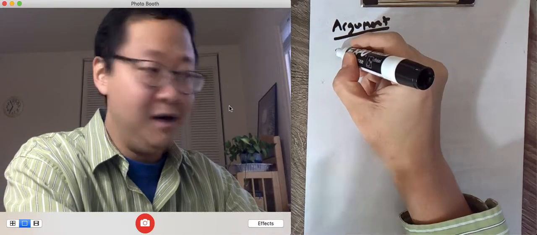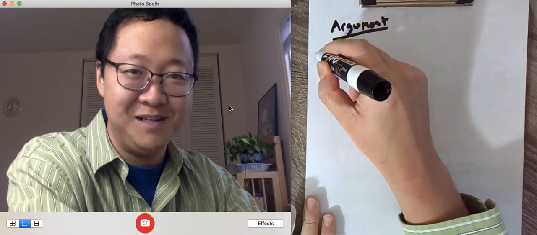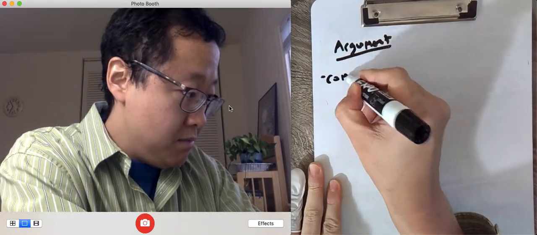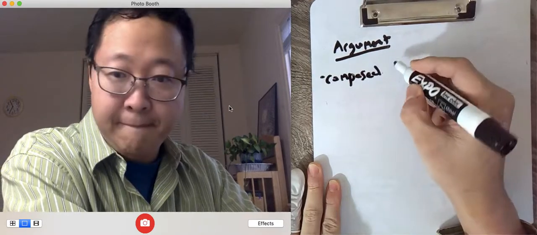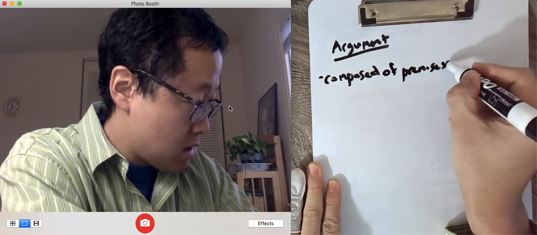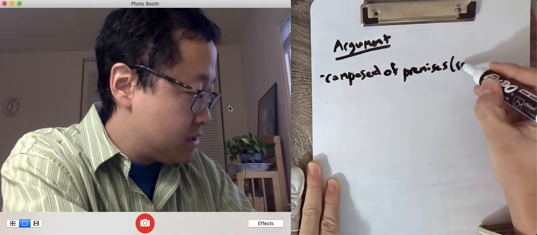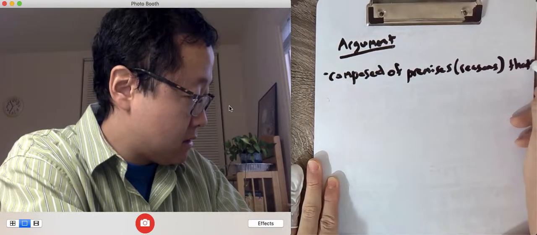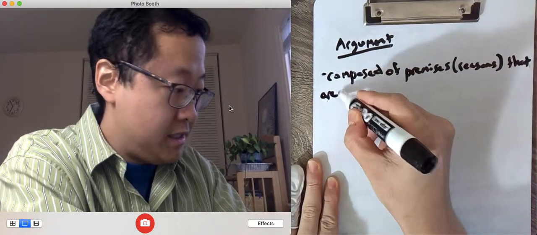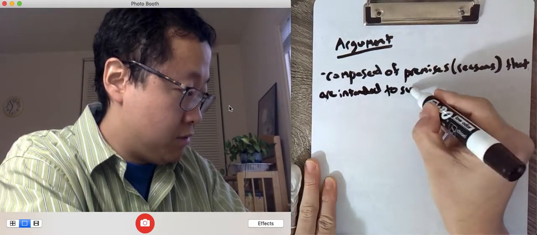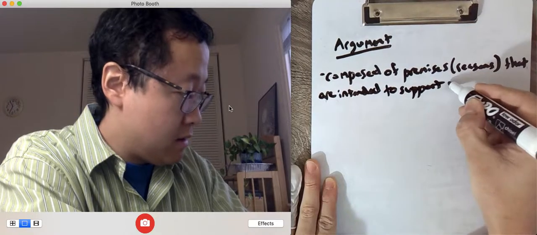Now an argument here is going to have two parts, or I'm going to make two observations about arguments, I guess I'll put it that way. So an argument will be composed of premises, that is reasons, that are intended to support a conclusion.